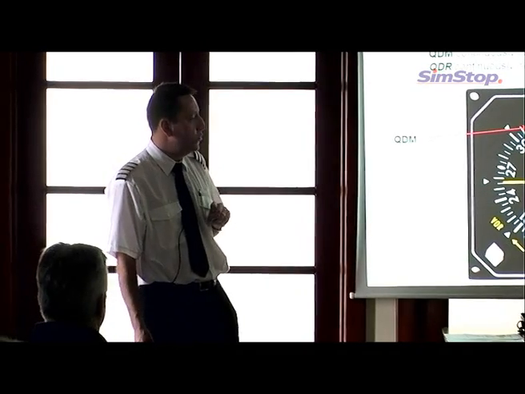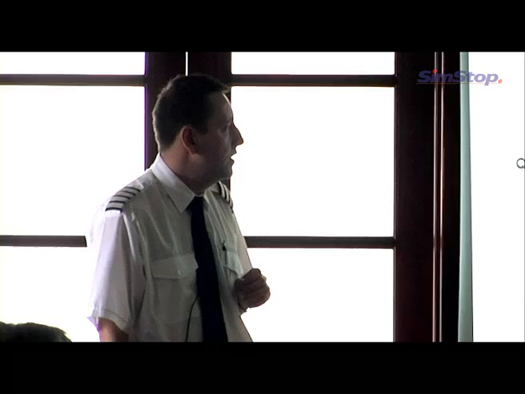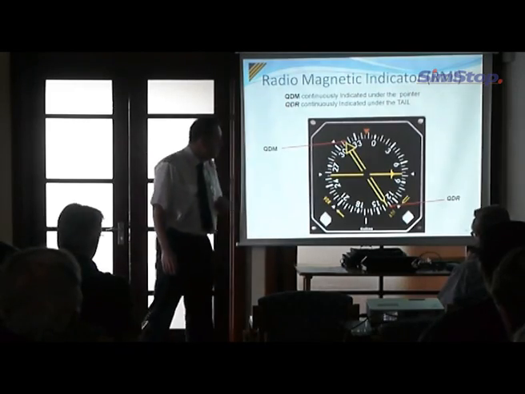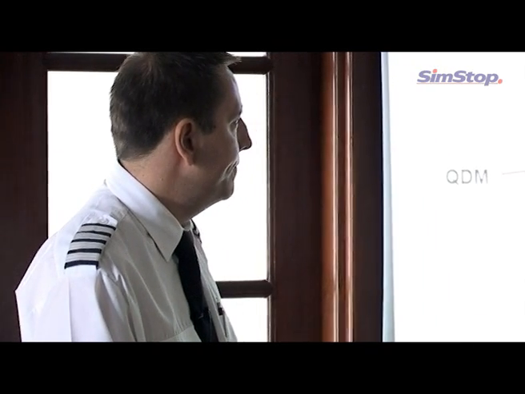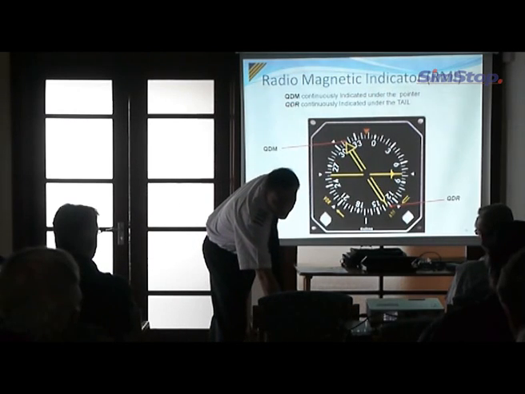You can also use it to point at VORs, which we'll discuss in a short while, by just using the switches at the bottom here. Normally has 2 needles, so you can tune 2 beacons at the same time, whether you want to choose to tune 2 NDBs or tune 2 VORs, or one or the other, depending on where you are and what's around you. So a very easy instrument to use.